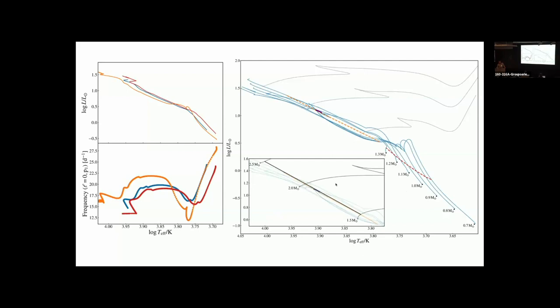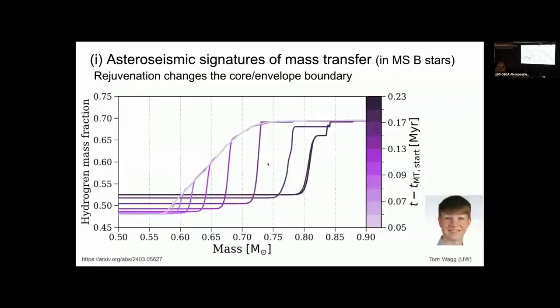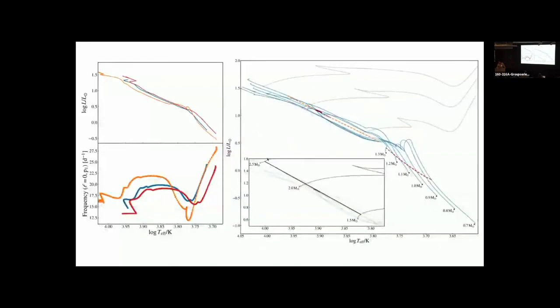Except for only one constant frequency line, in the singular case of stellar evolution, we actually end up with a couple of crossings and a couple of constant frequency lines during the main sequence. So with that, I'd like to conclude, and Matthew, the floor is yours.